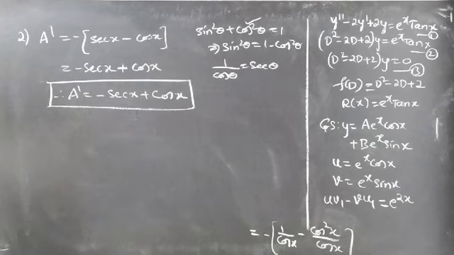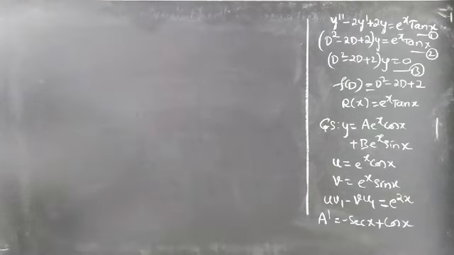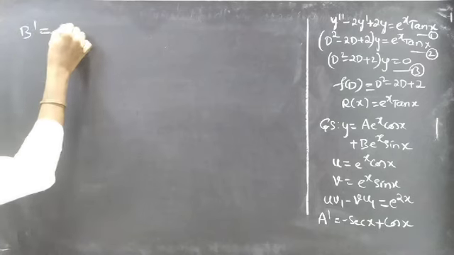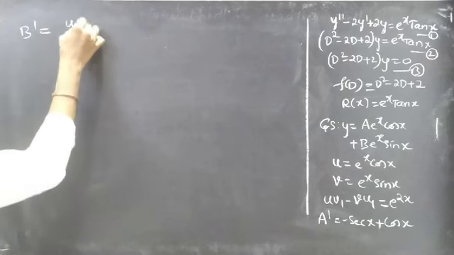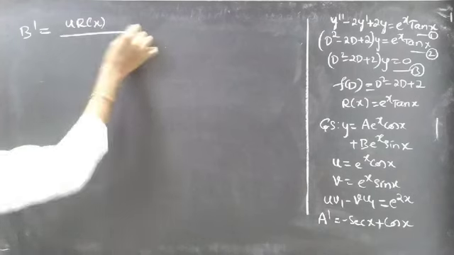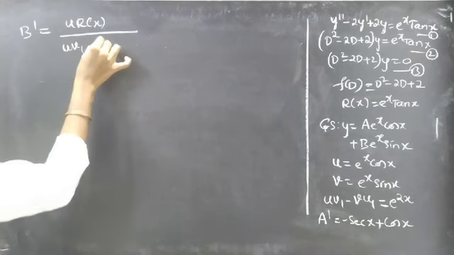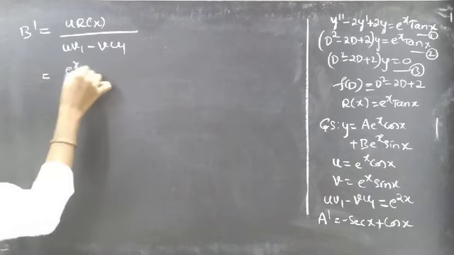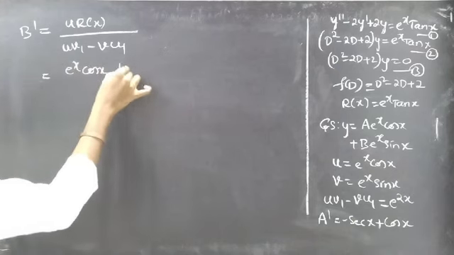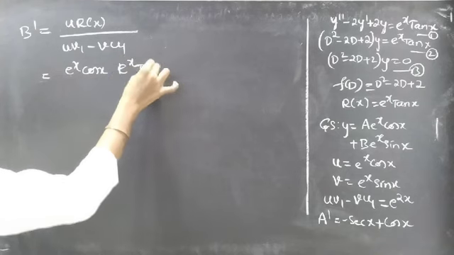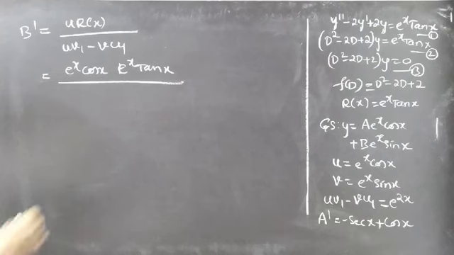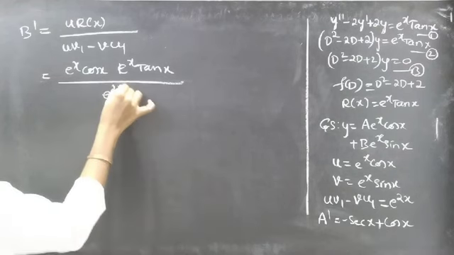Let's now find b dash. We have b dash equals u into r of x by uv1 minus vu1. This equals e power x cos x into r of x, which is e power x tan x, by uv1 minus vu1, which is e power 2x.